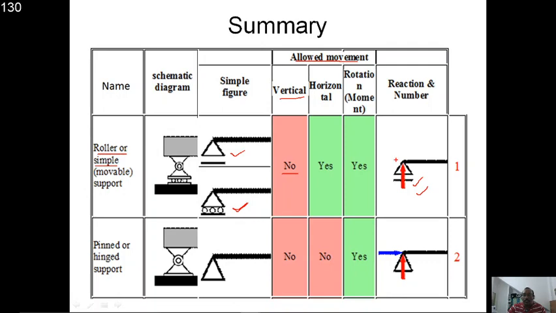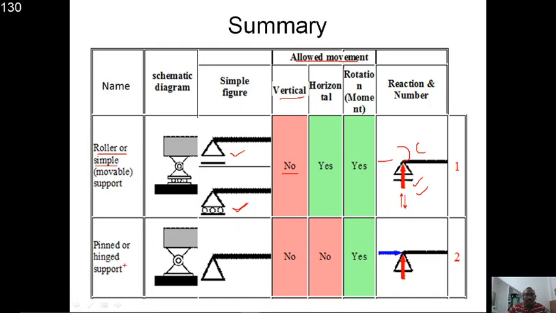That means this can move in the horizontal direction and this can rotate in clockwise or anti-clockwise directions. So these two possibilities are there. They allow horizontal movement and rotational movement, but they are restricted against vertical movement. So vertical movement is the only restriction we have, right?